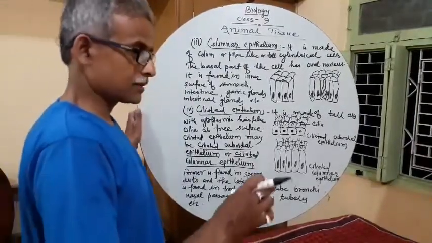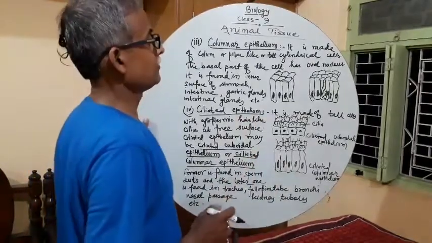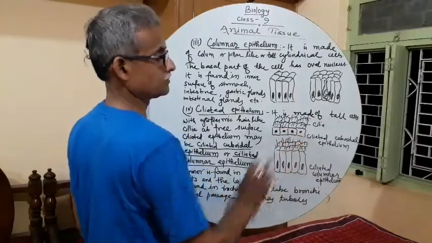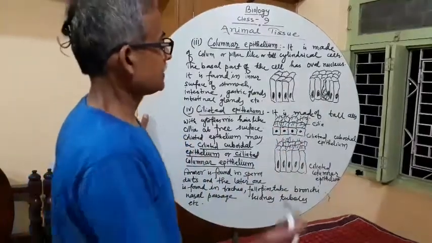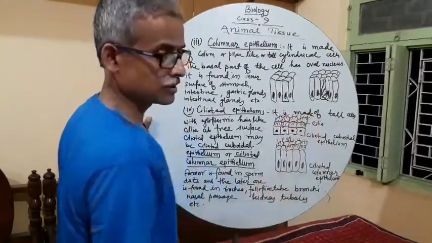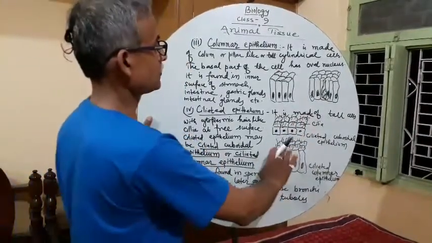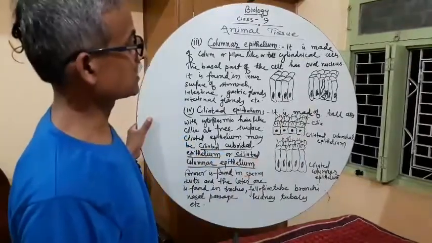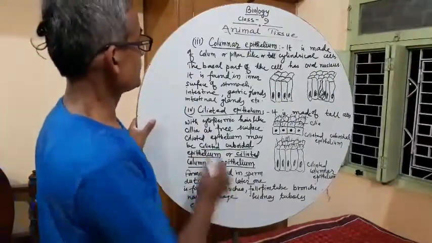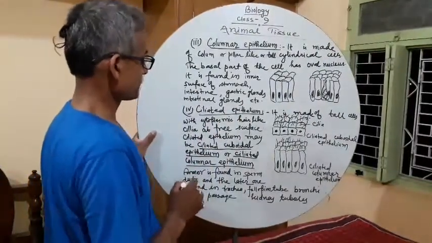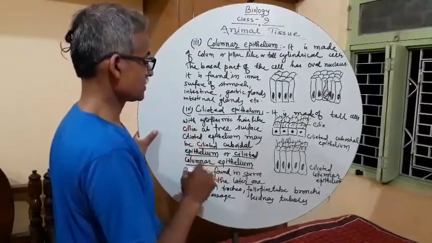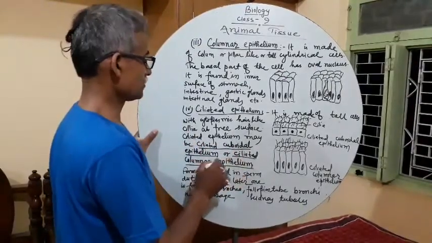The shape of the cell may be cuboid or column, and hair-like outgrowths are present here on the free surface. Those are called cilia. So the ciliated epithelium may be ciliated cuboidal epithelium or ciliated columnar epithelium.